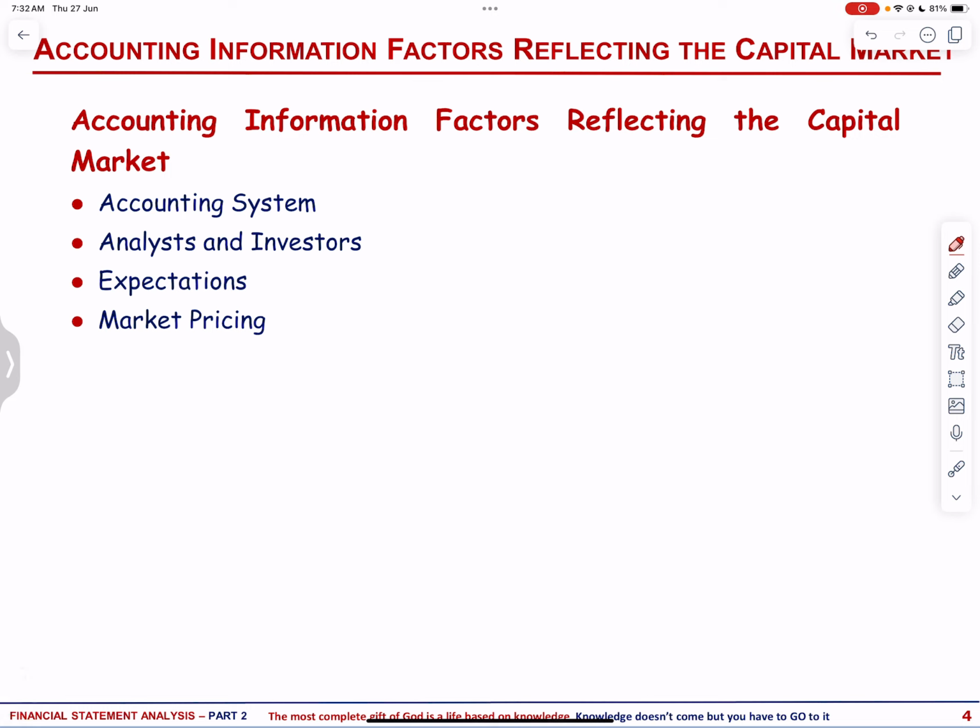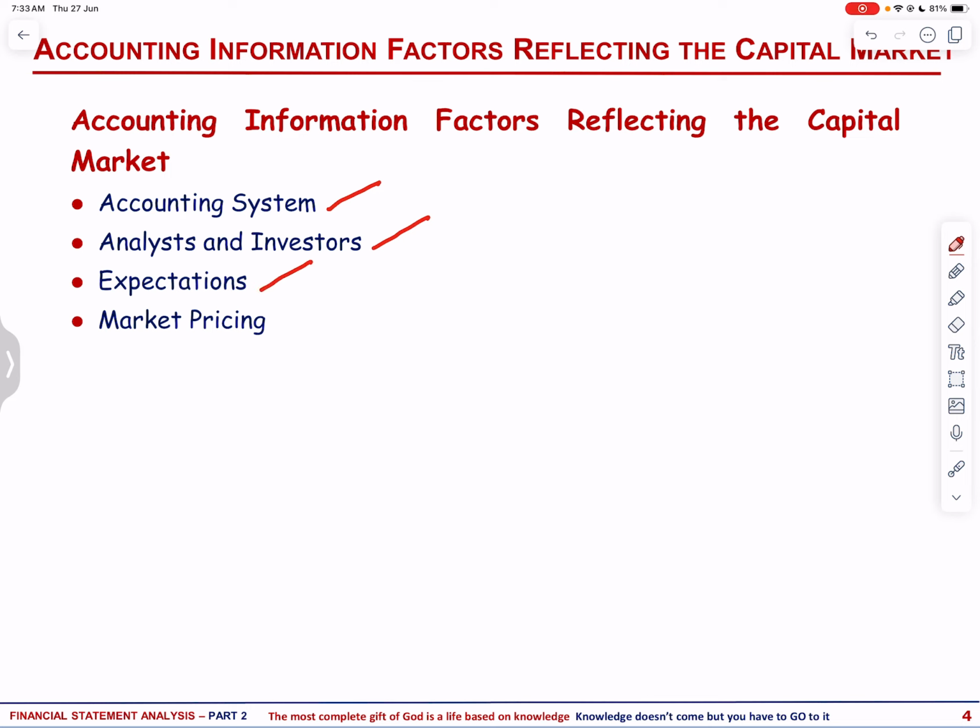The degree to which market prices accurately reflect the implications of accounting information depends on four critical links: accounting system. It converts a company's transactions into financial fundamentals like earnings, cash flows, and equity value on its financial statements. Then analysts and investors study these financial statements to grasp the firm's profitability, growth prospects, and risks. The third critical link is expectations.